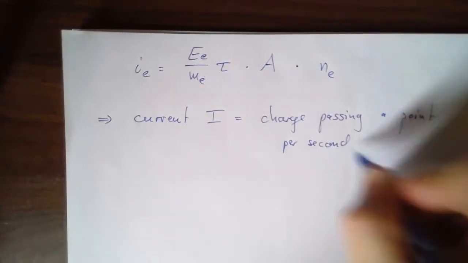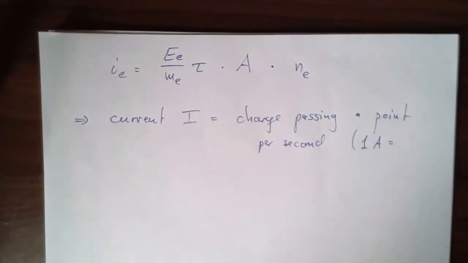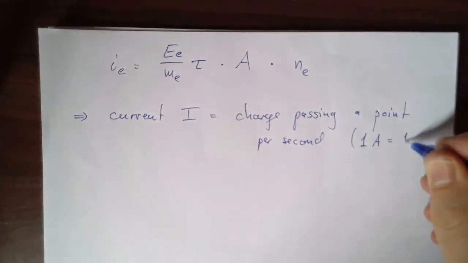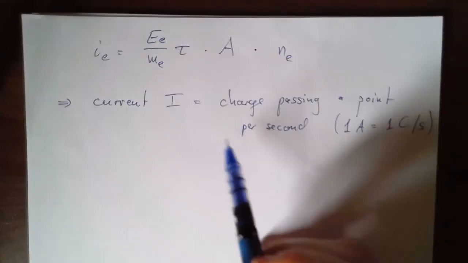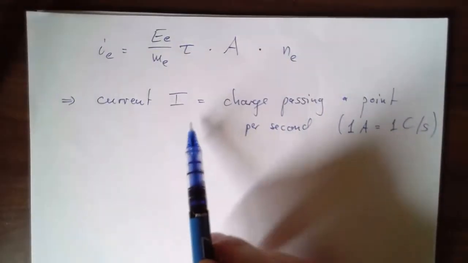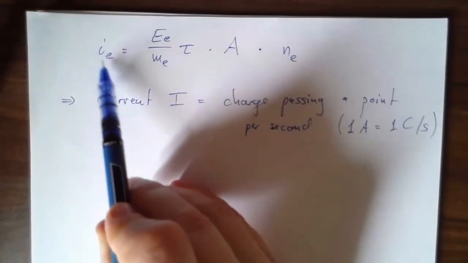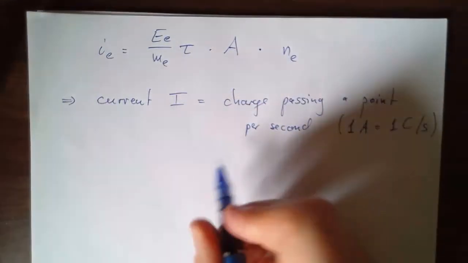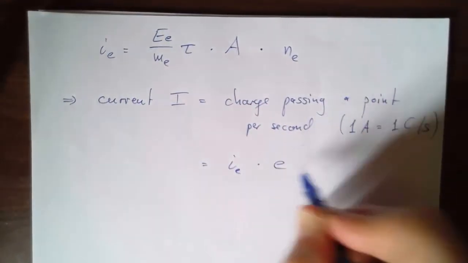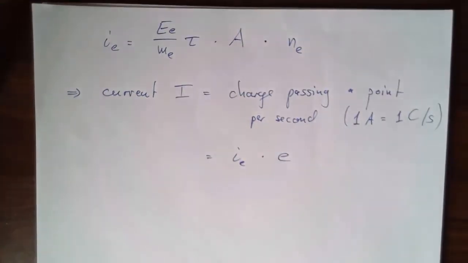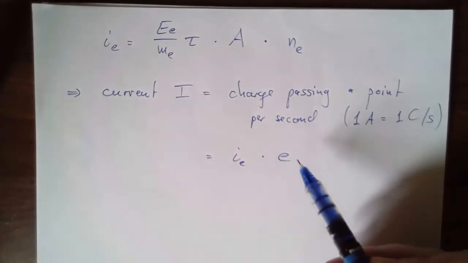Right, that's what we mean by an amp. 1 amp is 1 coulomb per second. And if you have a certain number of electrons per second, we just multiply that number by the charge of the electron. Number of electrons per second times charge of the electron.